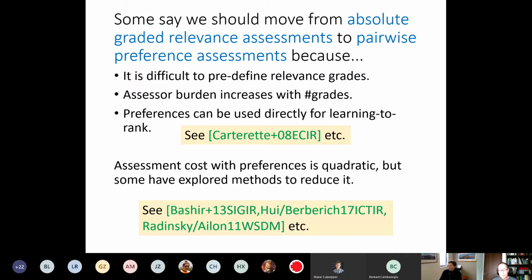But it looks like several people have looked at ways to reduce this cost, for example, by trying to infer unjudged document pairs from judged document pairs. So I thought maybe it's worth looking at these preference-based measures, particularly from the viewpoint of whether they actually agree with users' judgments.